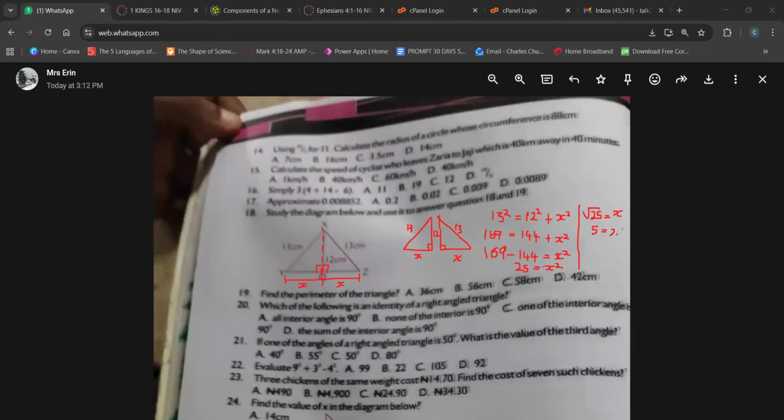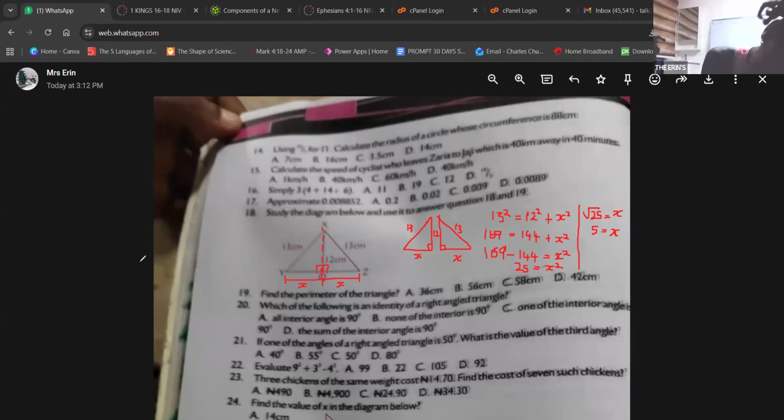Did you notice it? Yes, sir. On this step where I did not write square root, I still had x squared. Immediately I put square root, there was no need to put squared on x anymore. It's no more there. Why? Because I have taken the square root of both sides. Did you notice that?